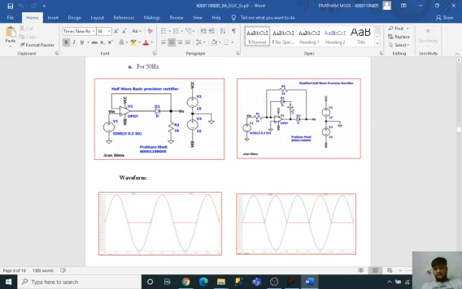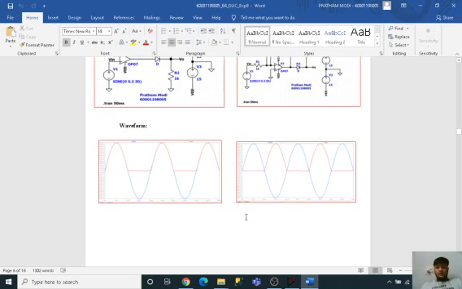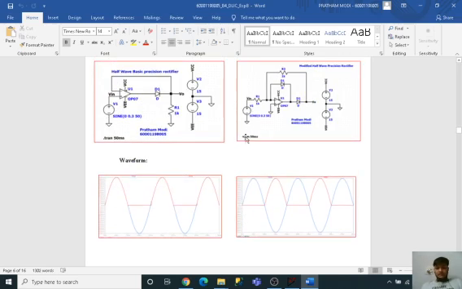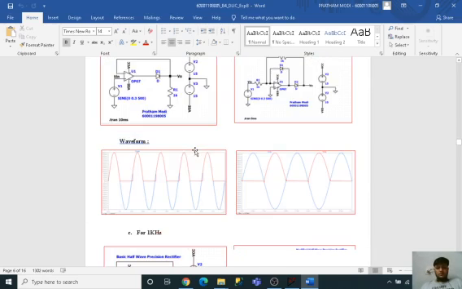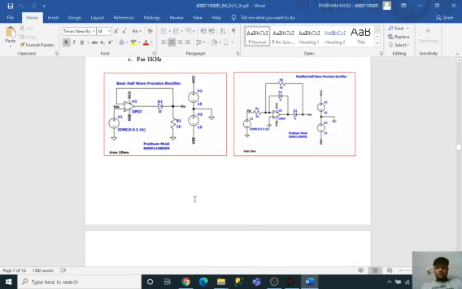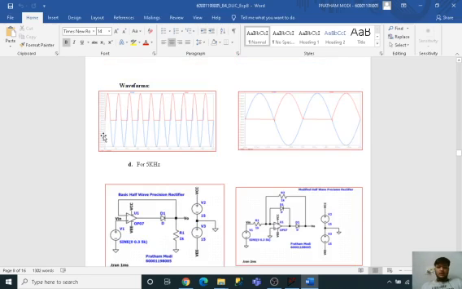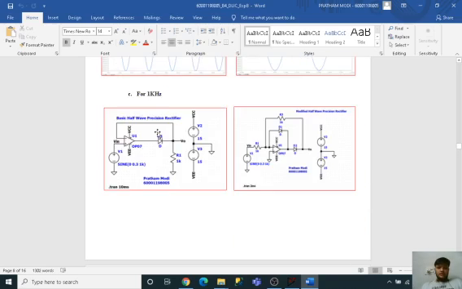But what if we modified it by using one more diode? The main advantage is accuracy. It won't be seen clearly at frequencies of 50 Hz, but as we go up, let's say to 1 kilohertz, you can see the output over here. This is for, I think, 1 kilohertz.